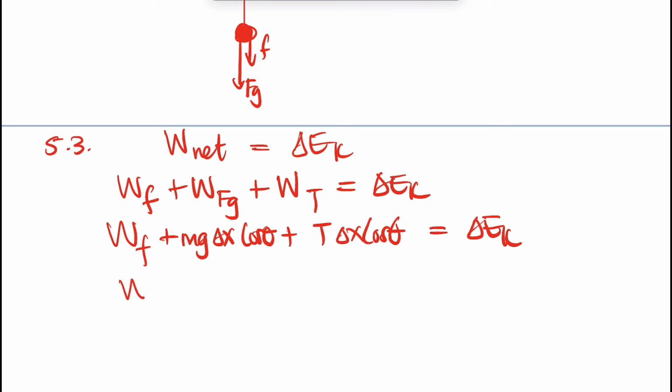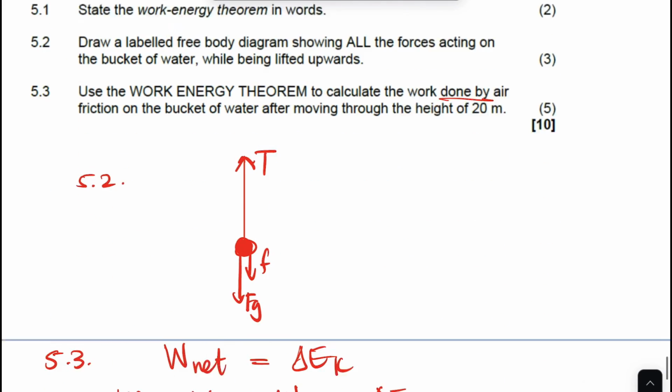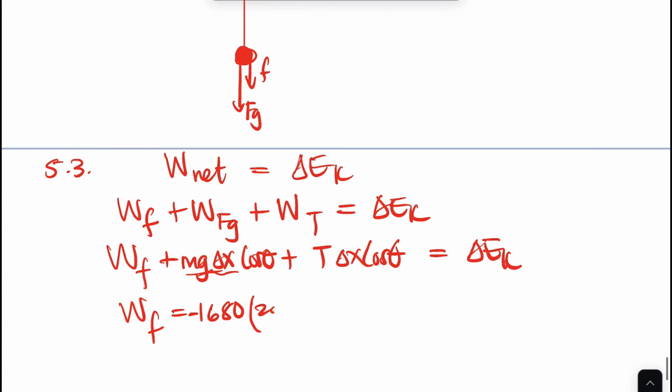So we'll say work done by friction is equal to, we substitute the mass, so it's 1680, and it's negative, and the displacement is 20 meters. And then the gravitational force is in the opposite direction, so it's going to be cos 180.